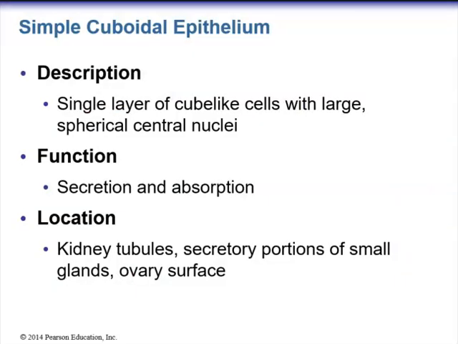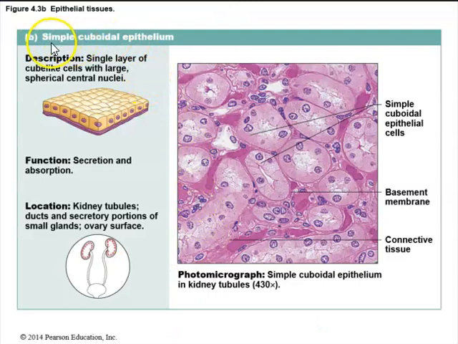Simple cuboidal epithelium is a single layer of cube-like cells with large spherical central nuclei. The function of simple cuboidal epithelium includes secretion and absorption, and we can find this type of epithelium in kidney tubules, secretory portions of small glands, as well as the surface of the ovary. Again, simple indicates one layer, so we have a single layer of cube-like cells with large spherical central nuclei.